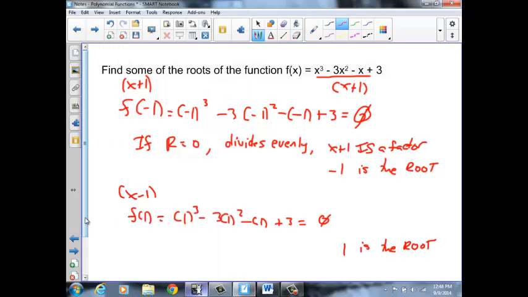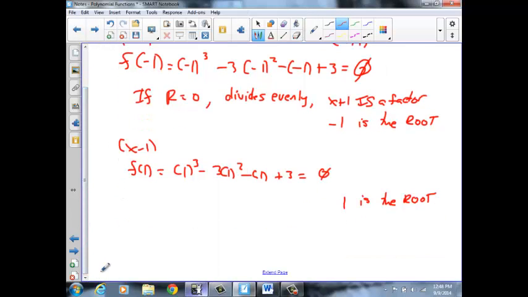Well, let's just test that using this idea here. Work backwards though. If 3 is the root, what do we think the factor is? x minus 3. So we think x minus 3 is the factor, meaning that 3 is the root. Let's just confirm and see whether it does equal 0.